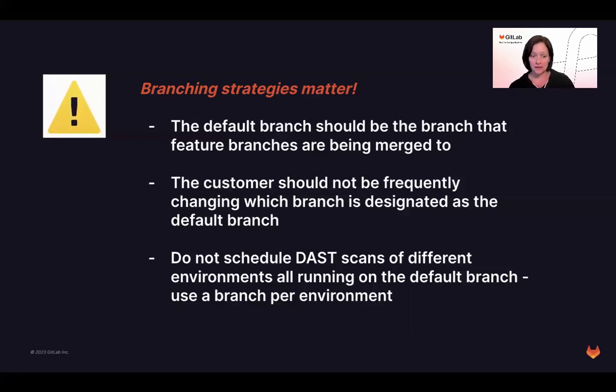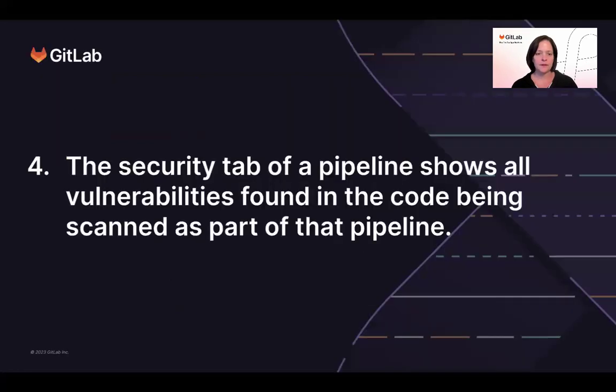It's only telling us the default branch vulnerabilities. So if I want to have a nice UI view of all of the stage branch DAST vulnerabilities, I have to go find that pipeline that most recently ran and go to the security tab and look at the results there.